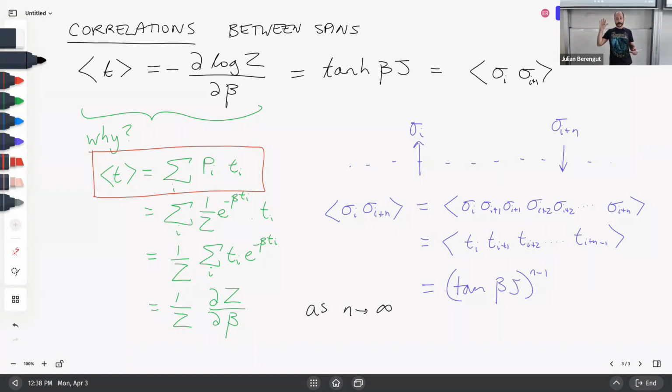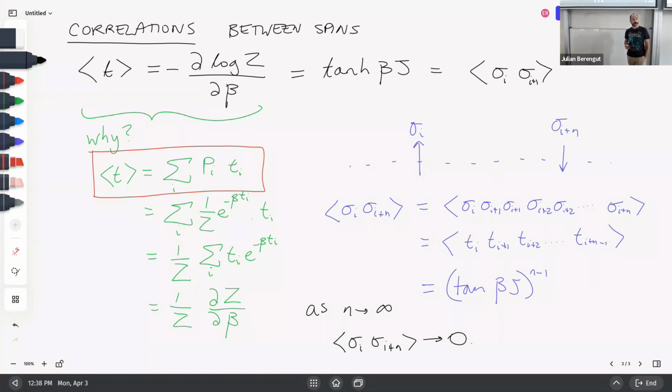So it's some number that's smaller than 1 to the power of n minus 1. So the correlation goes to 0, as it should. So for any finite temperature, there has to be some kind of loss, because tan beta J can't go to 1 exactly.